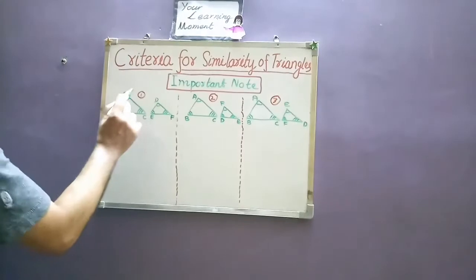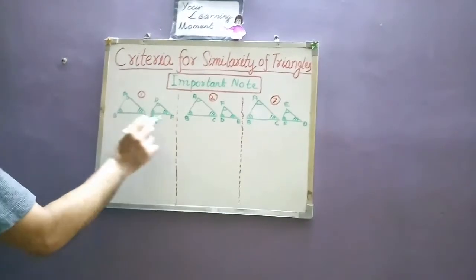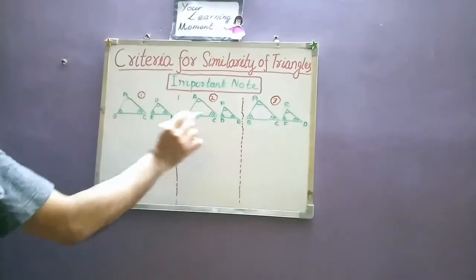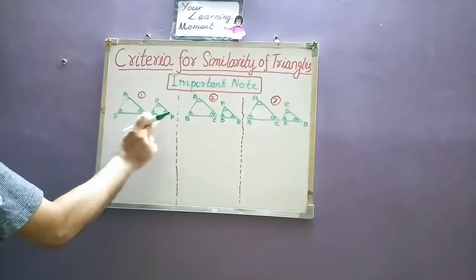Now there is an important point to note that similarity of two triangles depends on their corresponding matching pairs. For example, look at these three pairs of similar triangles with their different corresponding matching pairs.